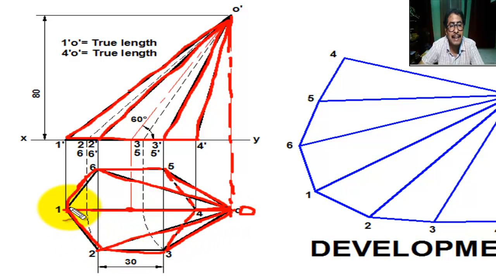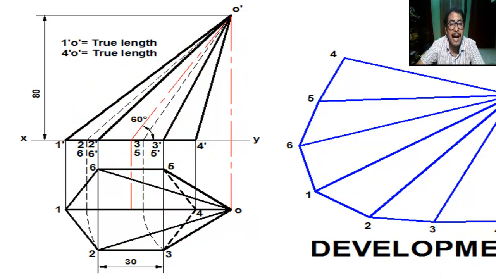Now this is the final top view and this is the final elevation of the oblique hexagonal pyramid.